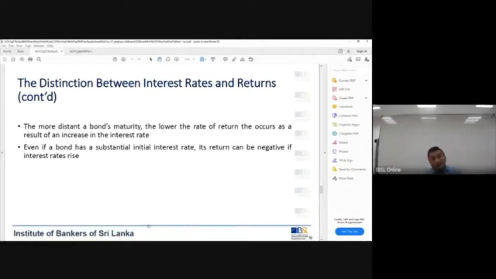So if the interest rates reduce, what happens to the prices? The prices increase. So then you have a capital gain coming into the equation. So these are the elements within the interest rate and return comparison that you have to remember.